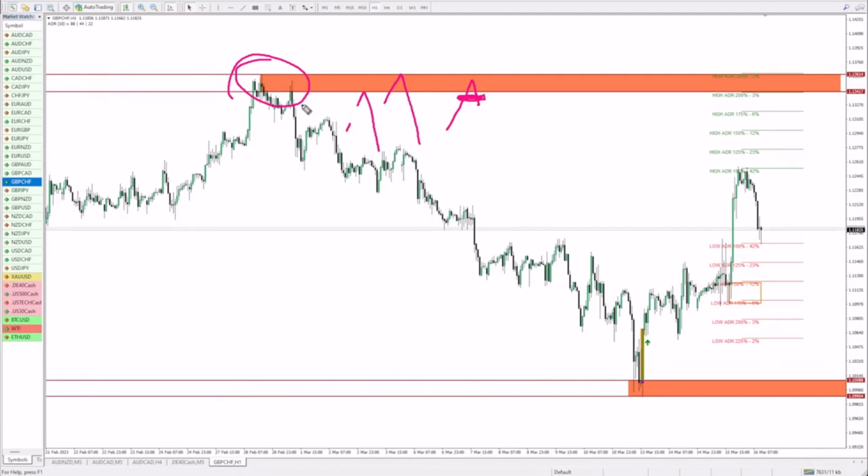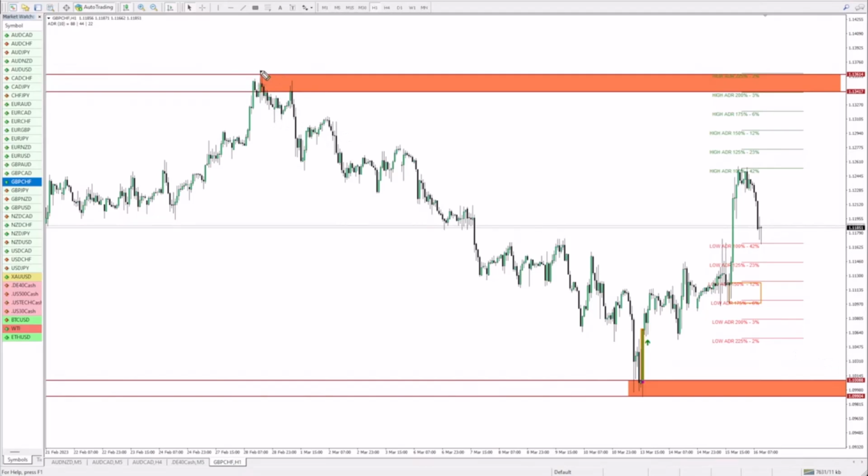But that reaction could be lower than the previous high or higher than the previous high. Remember, it's somewhere around here the market reacted last time. Somewhere around here is where we're looking for it to react this time. But we've no idea at what price point it's going to happen. So there's no way for us to go, I'm entering at that level exactly. What we need to do is draw an area where we think somewhere around here it's going to react, and that gives us an area to put our stop loss.